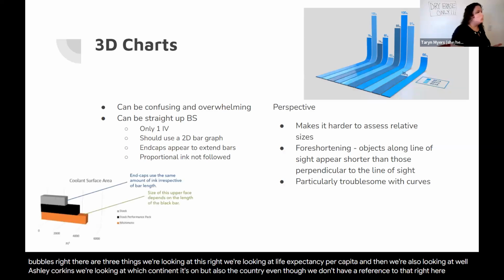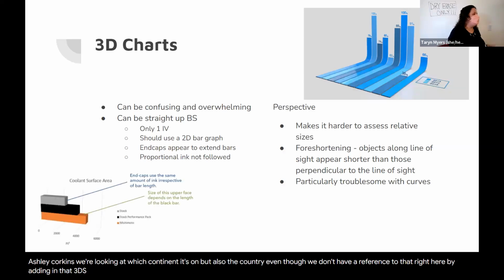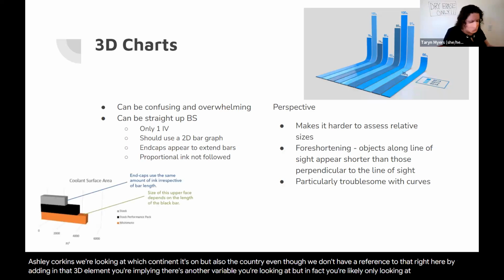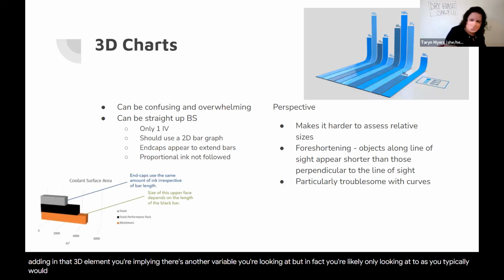Right here, by adding in that 3D element, you're implying there's another variable you're looking at, but in fact, you're likely only looking at 2, as you typically would with a bar graph.